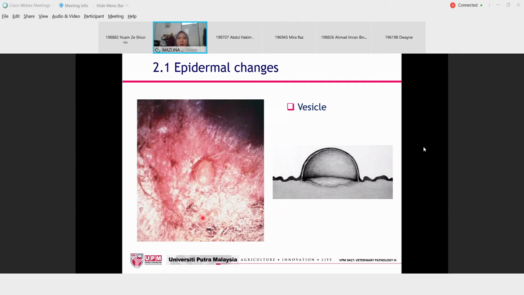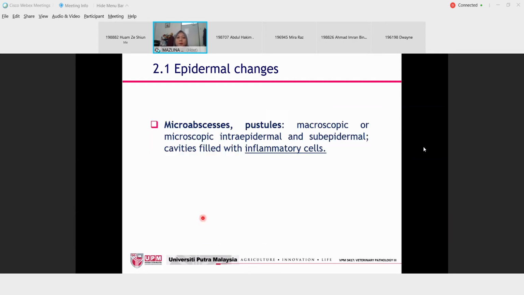Okay, so this one should be differentiated from a vesicle or blister, because microabscesses or pustules are actually cavities filled with inflammatory cells. Microabscess means it cannot be visualized with your naked eye, but a pustule is something that you can see grossly.